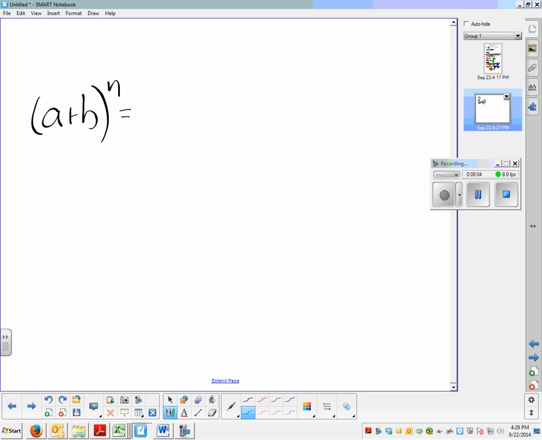But we were still multiplying by 1. So there'll be a's and b's in this expression. The first term becomes a to the n, and obviously it finishes with b to the n. The last term.